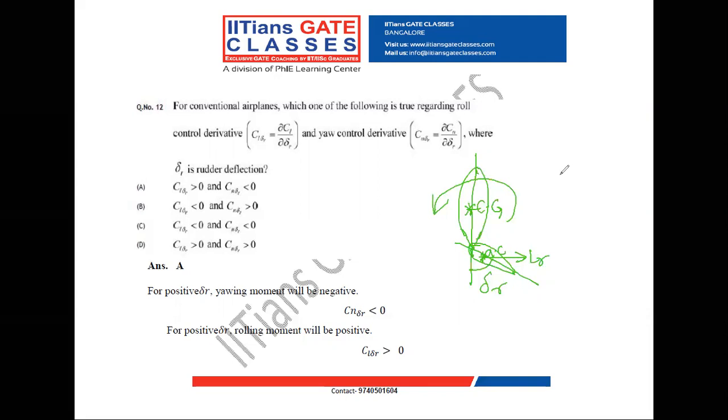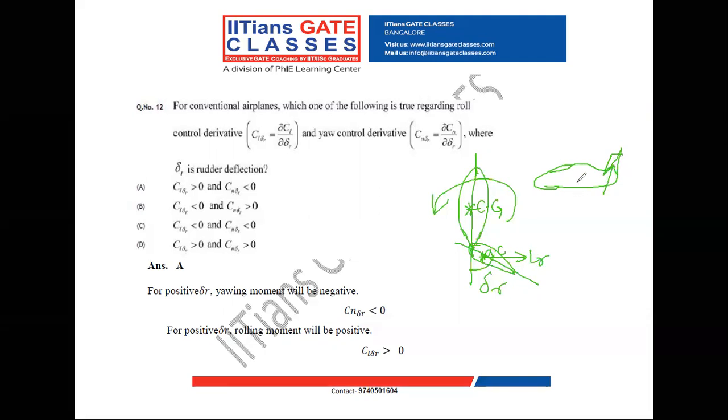Now to see the rolling moment, we'll take the side view of the airplane. Consider this is the side view of the airplane. Rudder is deflected towards starboard, that is towards that side, thereby creating a lift towards starboard, like this.